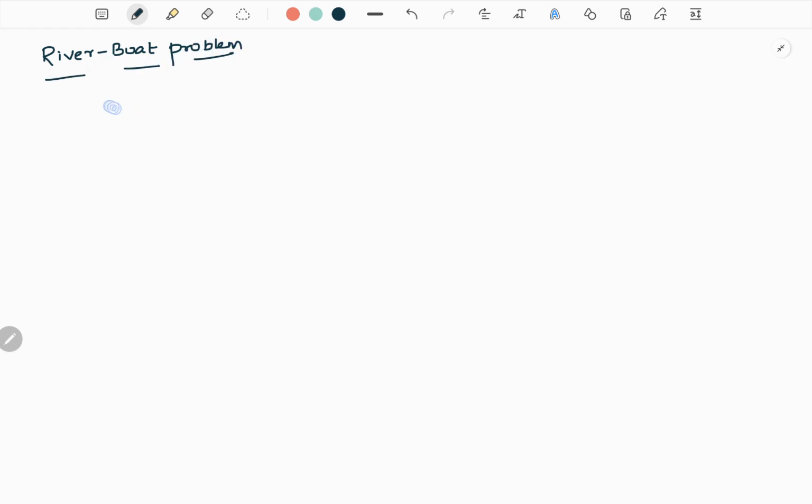So imagine we have a river whose width is, let's say, d. What I mean by the width is the distance between the two banks of the river.